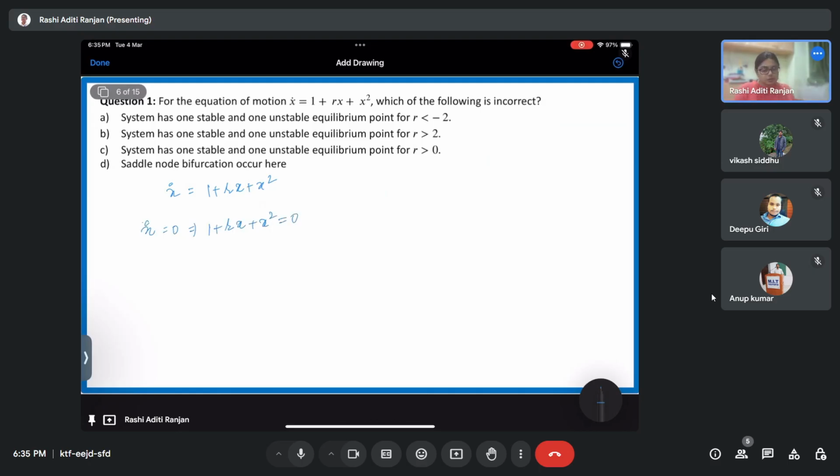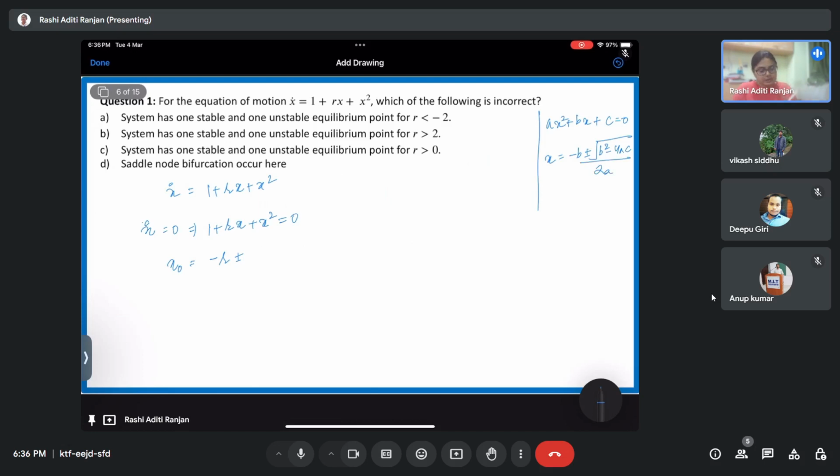We know that the roots of the quadratic equation are going to be x naught is minus b plus minus, maybe I'll write it somewhere. If you remember, for this, we had the value of the root as minus b plus minus under root of b square minus 4ac divided by 2a, right?